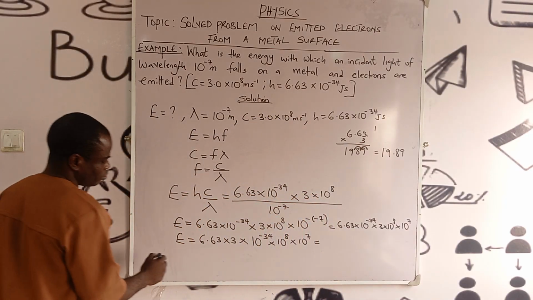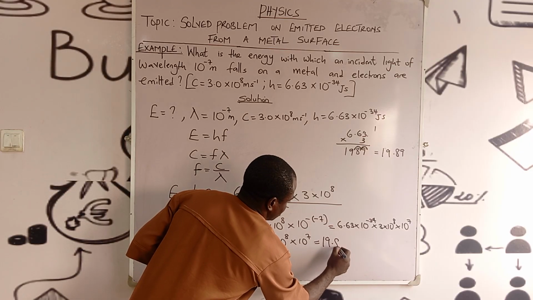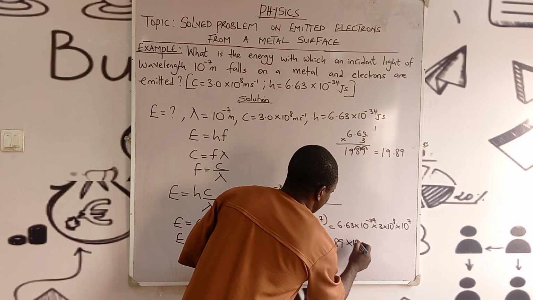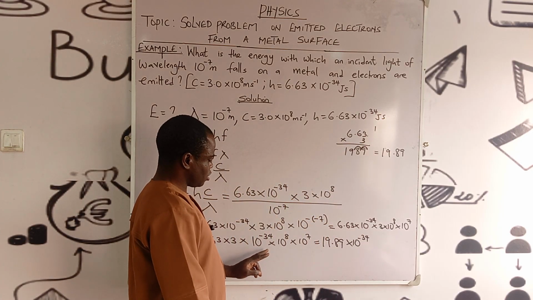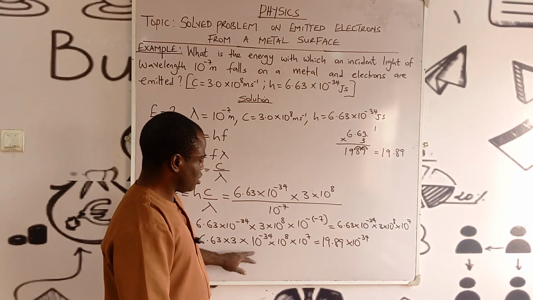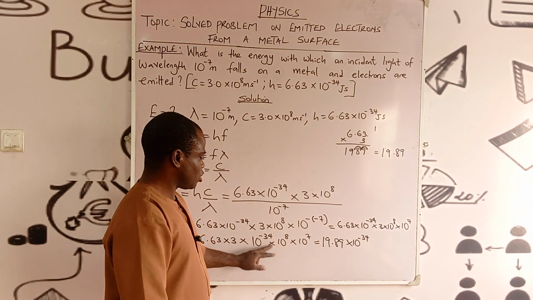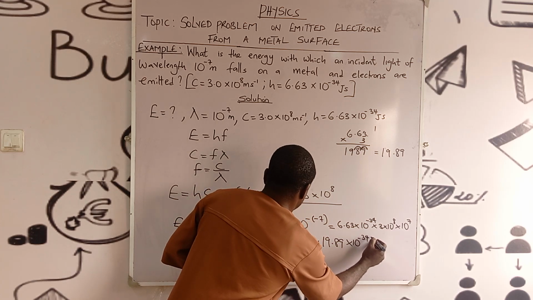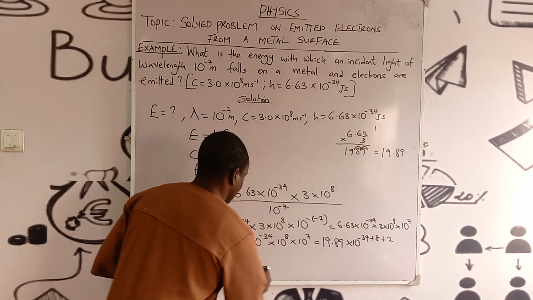Now it will be 19.89 times 10 raised to power minus 34. In indices, when you are picking the 10s, the multiplication turns the indices to addition: minus 34 plus 8 plus 7.